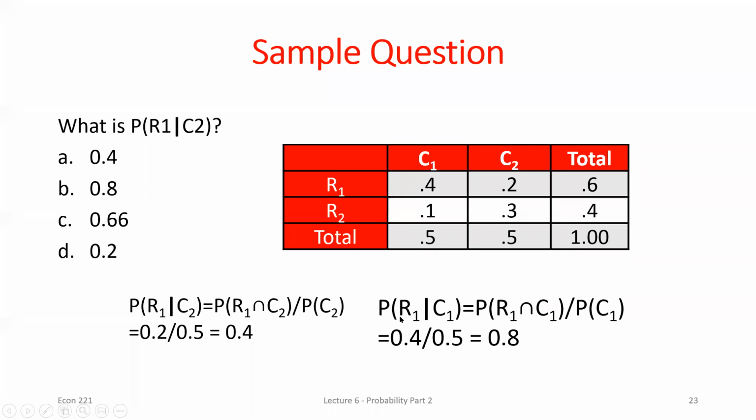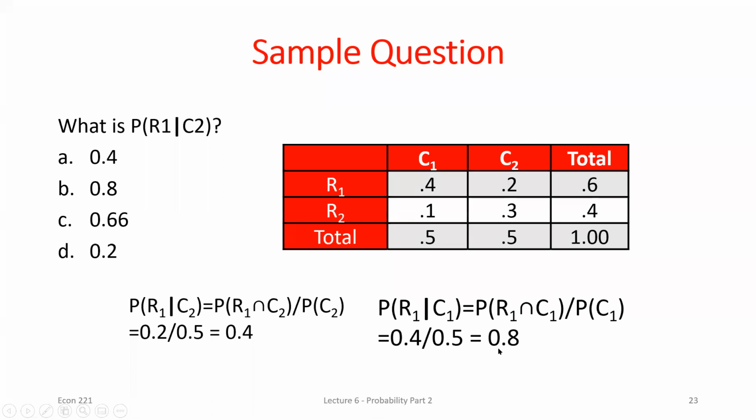So I'm still looking at a conditional probability of R1, but I'm conditioning on something else. Okay? Well, I can rewrite that as the intersection divided by whatever I'm conditioning on. The intersection of R1 and C1 is 0.4. The probability of C1 is 0.5, and I can compute that conditional probability.